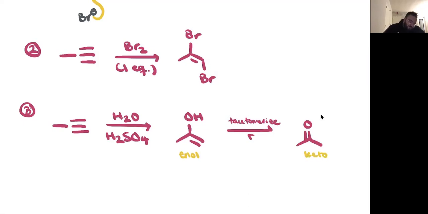All right, so the way that the mechanism for this particular step works, you'll just need a little bit of water in solution. Again, Falzone depicts it as a termolecular mechanism. The water will come in and grab this proton over here.